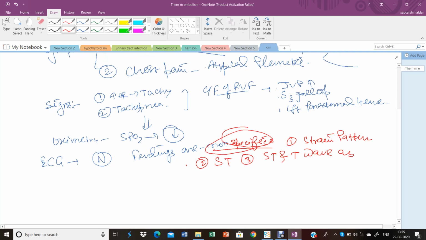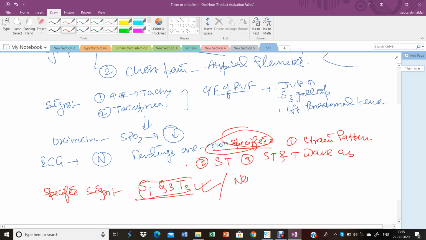What are the specific signs? Specific signs include a prominent S wave in lead 1, a Q wave in lead 3, and T wave inversion in lead 3. That is the S1, Q3, T3 pattern. These are specific, but not seen in most cases.